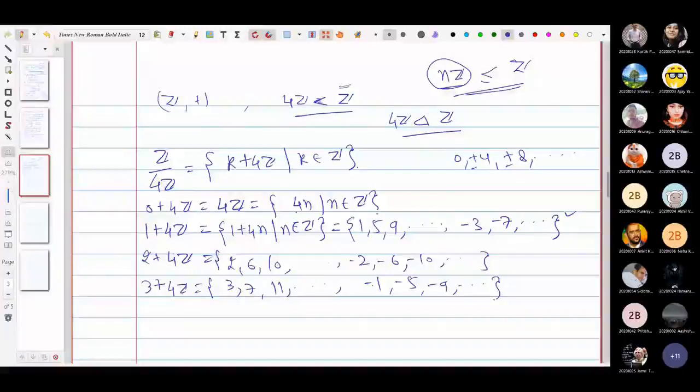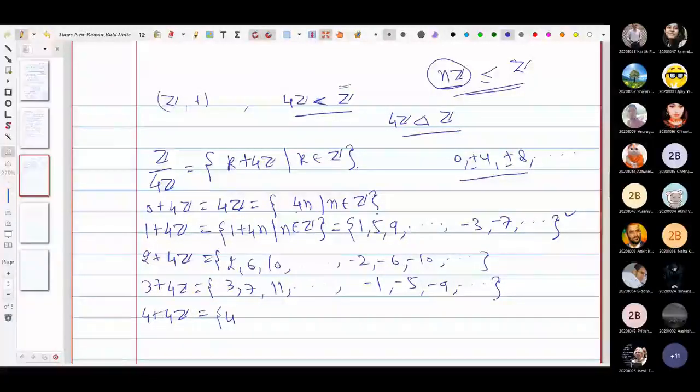You tell me what you are going to get. 4 plus 4z. You will get these elements with 4 added to each element. So in the first place 4, and then plus minus 4.